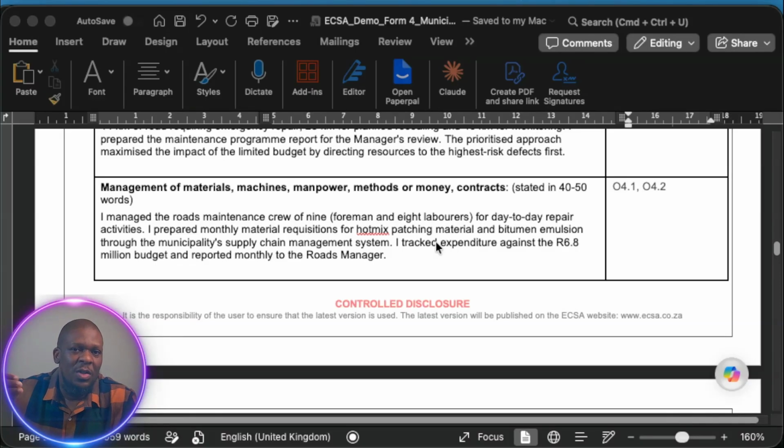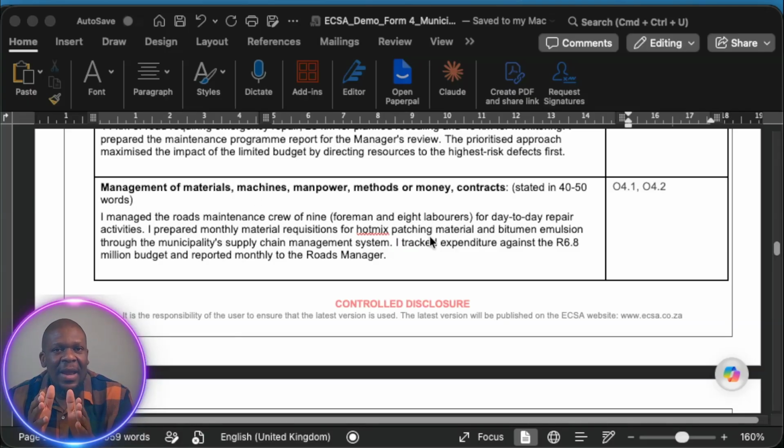You are not using an external service provider. You are using what you call internal resources. So it basically means that you need to explain how you manage the people in terms of executing the work.